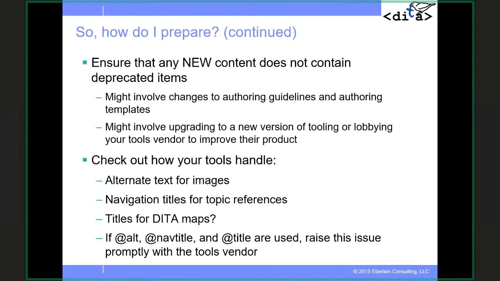And if your tools are automatically using any of these deprecated elements, talk pretty promptly to your tools vendor. Better to get them working now on these issues than a year and a half from now when DITA 2.0 is formally released and you want to move to it.